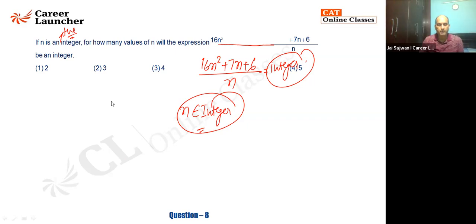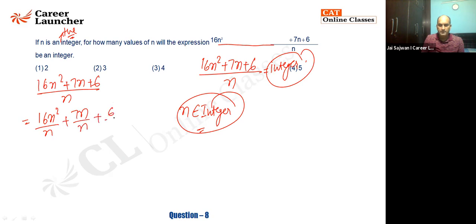Look at this. The number is coming out to be 16n square plus 7n plus 6 divided by n. I can write 16n square by n, 7n by n plus 6 by n. Okay, Karen, look at this. You will understand where you made the mistake. I can write 16n plus 7 plus 6 by n.